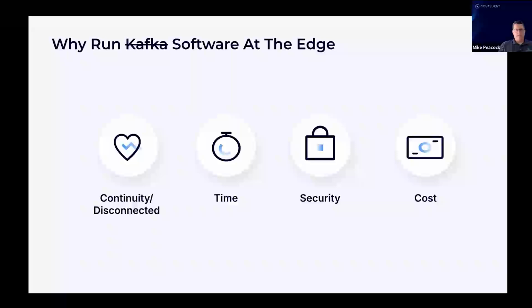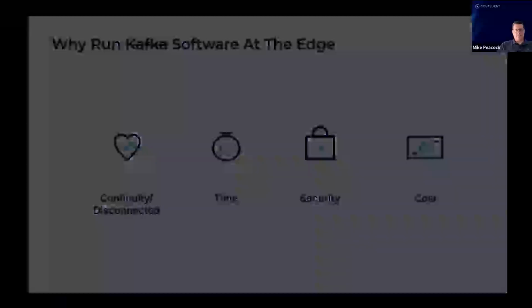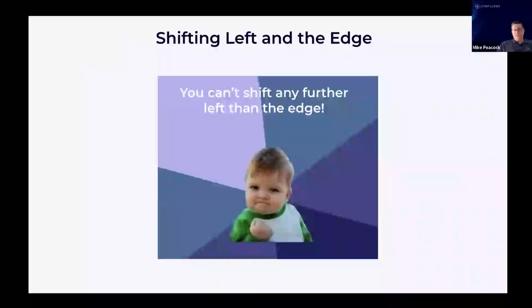We try to help in that case too, which reduces overall cost and increases performance, and we call that terminology shift left. You'll probably hear that often if you talk to anybody from Confluent. That is basically moving everything closer to the source of data as much as you can. And when it comes to the edge, you really can't shift any further left. So it's a critical thing in what we describe for our customers.